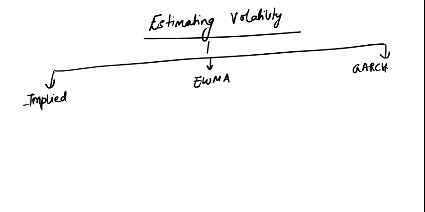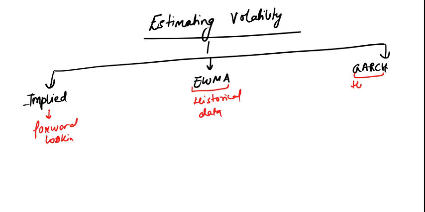Now, one of the important things with respect to implied volatility is that this one is forward looking, and the rest of the two are dependent upon the historical data. EWMA is also dependent upon the historical data.